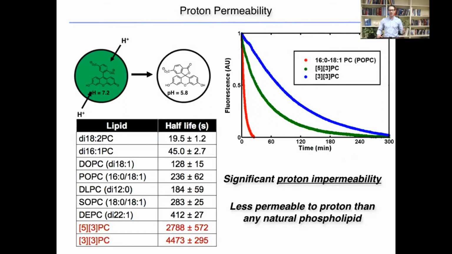At the bottom of the table, I want people to see that proton equilibration across a bilayer composed of lateranes is an order of magnitude slower than canonical lipids. We think this could absolutely be tied to the natural function. Regardless of that, it's a very interesting property. And as far as we're aware, these are the least permeable phospholipids to proton equilibration of any that have ever been discovered. So a very unique property.